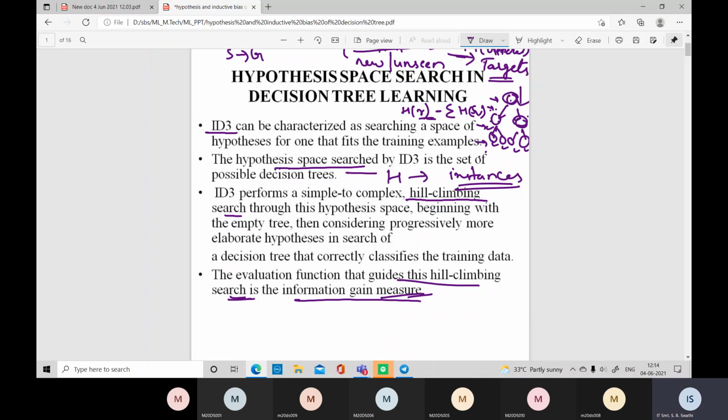If you want to identify the classification for a newly given data, that new instance may follow only the left subtree or the right subtree. So your hypothesis should give a proper indication to the new instance as to which node to follow and generate the output. That is our hypothesis space.